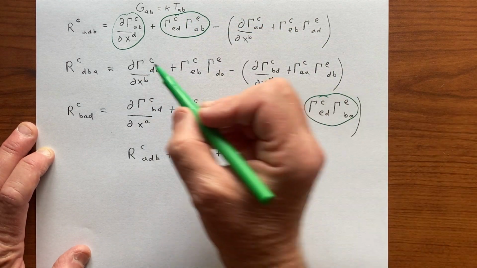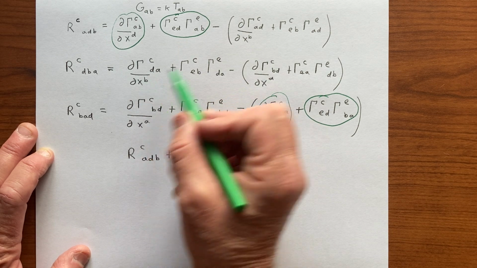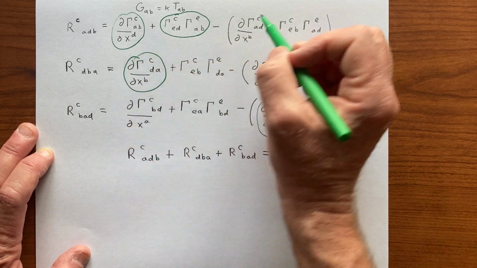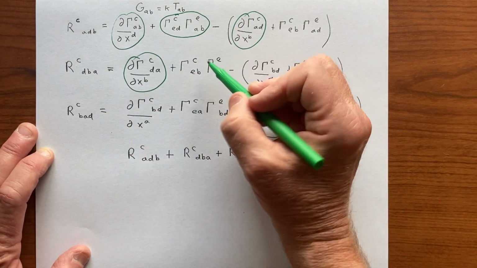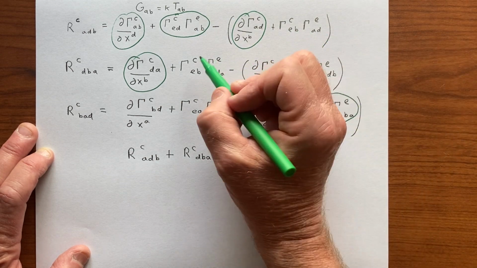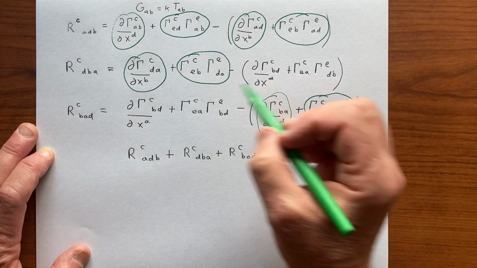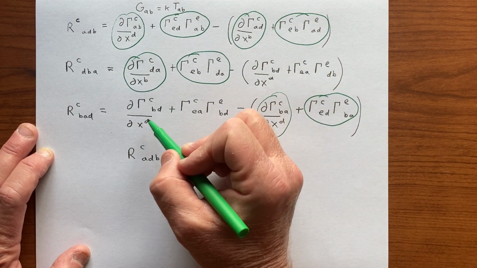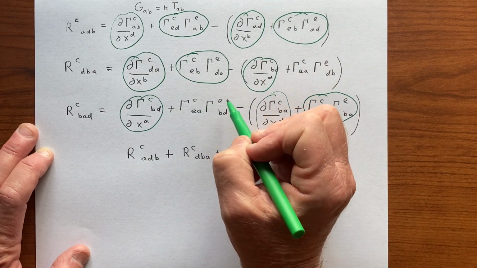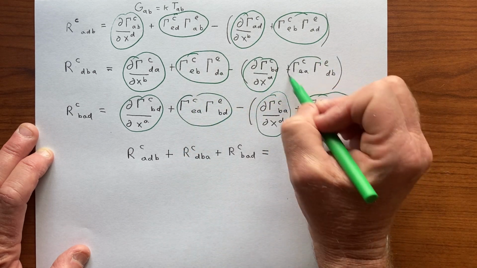CDA, CDA, CAD, again symmetric with respect to X^B, so these cancel with these. Γ^C_EB Γ^E_DA, and it should be EAD, but again symmetric, so these cancel out, and these should cancel, CBD with respect to X^A. So this cancels with this, Γ^C_EA Γ^E_BD, symmetric. Again, this cancels with that.